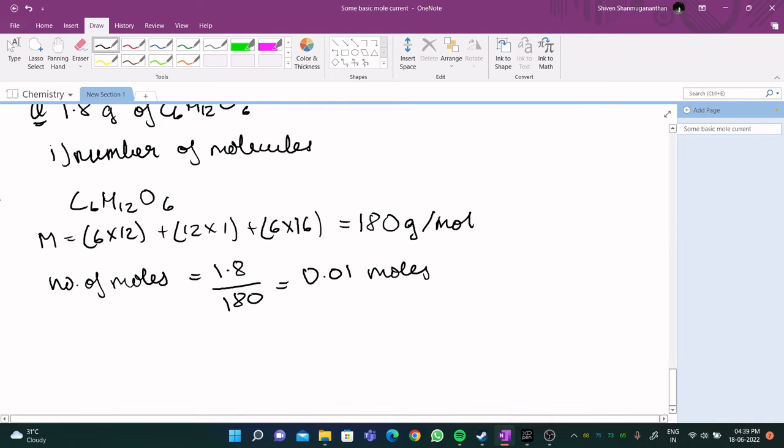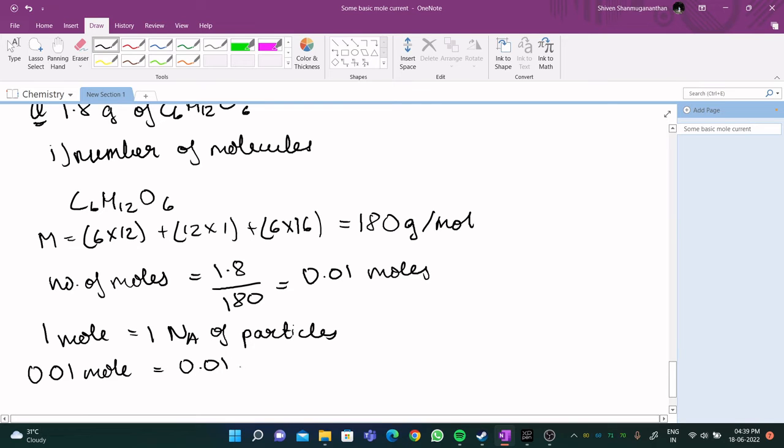Now, if you look at it rationally, 1 mole was equal to 1 Avogadro's number of particles. Right. So 0.01 moles would be 0.01 into Avogadro's number of particles.